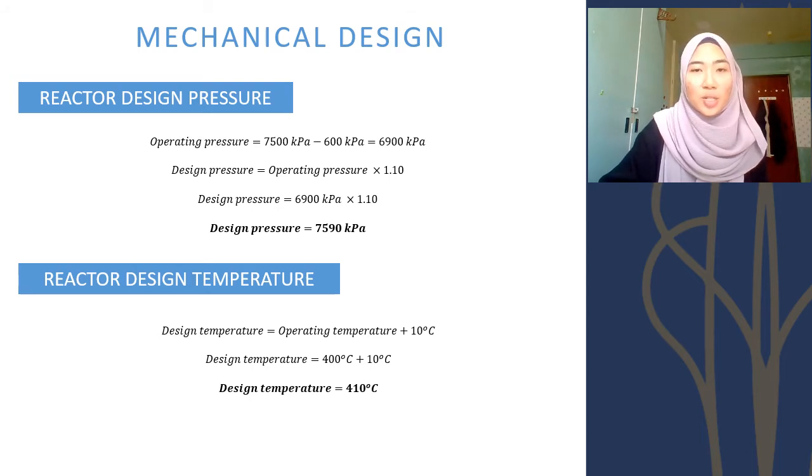As referred to the Petronas Technical Standard (PTS), the design temperature for the reactor shall be taken as 10 degrees Celsius above the maximum operating temperature. With respect to this matter, the typical design temperature of hydrotreater and hydrocracker process is most preferably around 410 degrees Celsius.